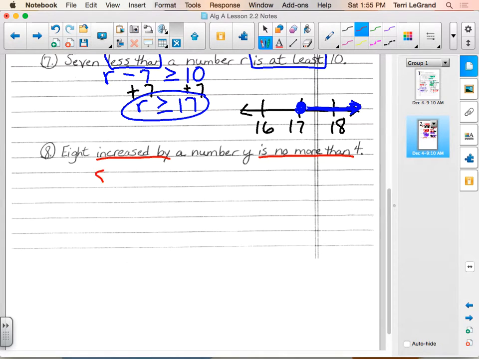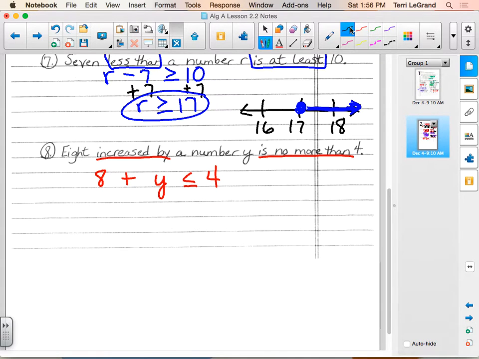So we have 8 increased by a number, y, well, that's one long addition symbol, is no more than 4. That means it can't be greater than 4. It doesn't say it can't be 4, it just says it can't be more than 4, so is less than or equal to 4.